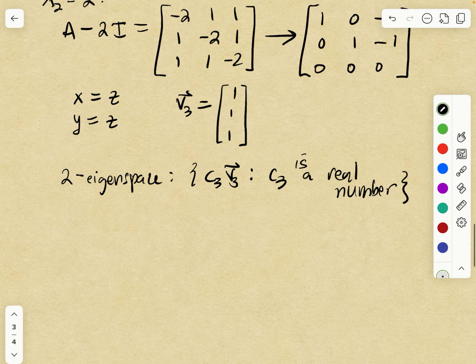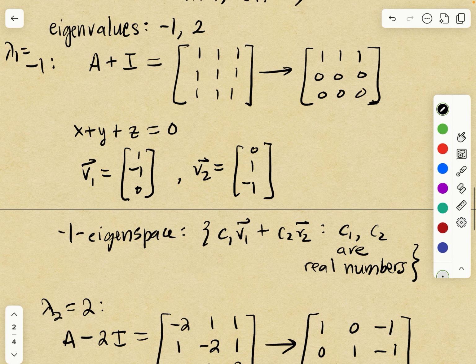And so what's going on is the negative 1 eigenspace is this plane. There's this plane that's spanned by v1 and v2, and it's the vectors satisfying x plus y plus z equals 0, right? That plane passes through the origin, and what A does to it is multiply all of the vectors by negative 1.